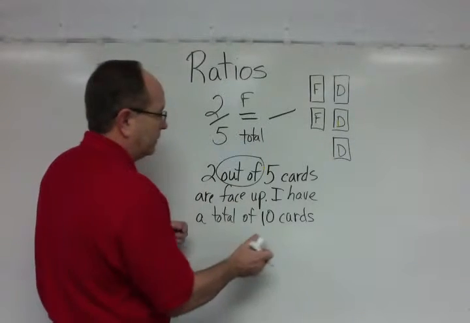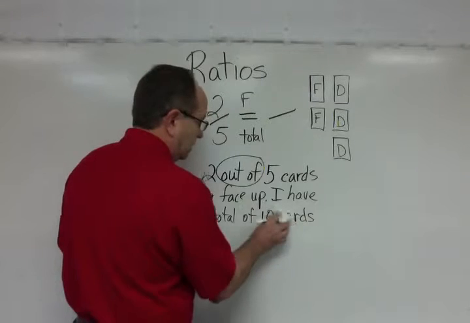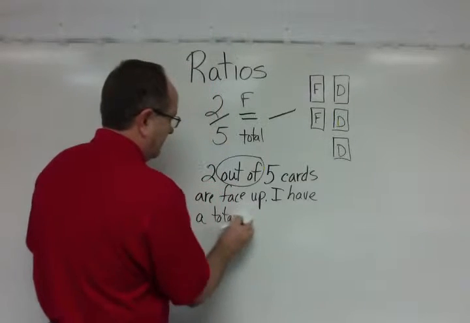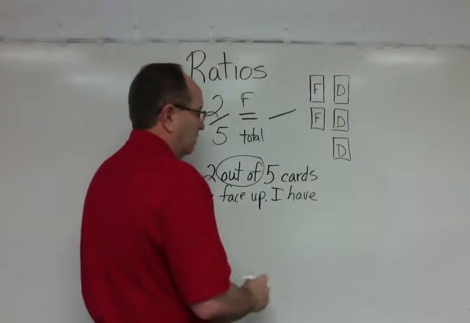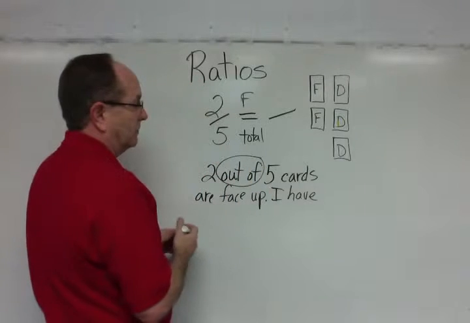Let's do it this way. I have a total of 10. Let's try to make this maybe a little more understanding of some of the problems you're going to have.